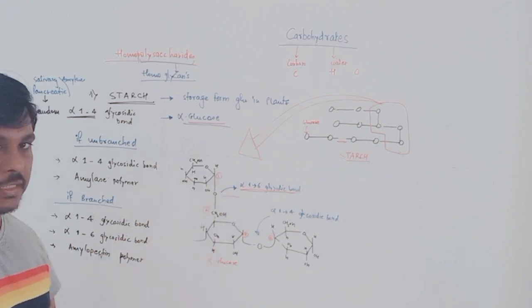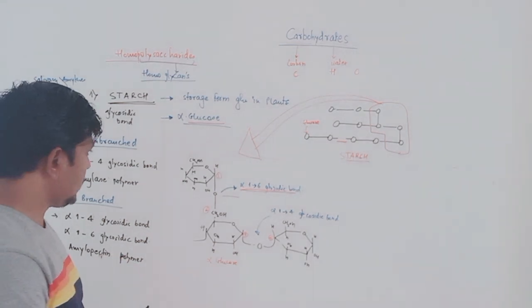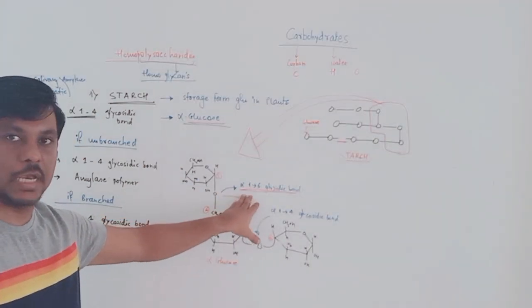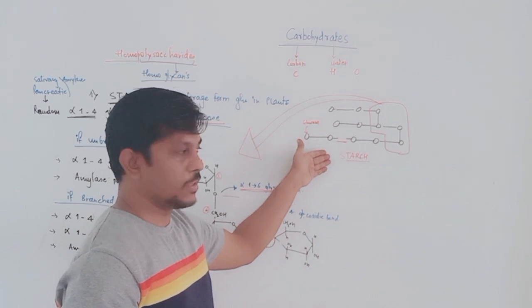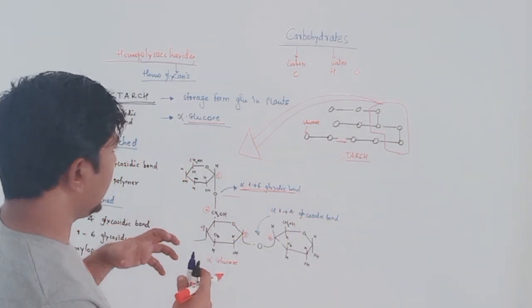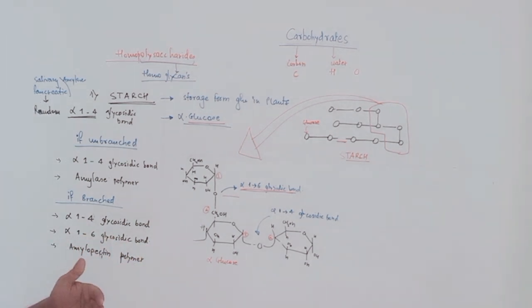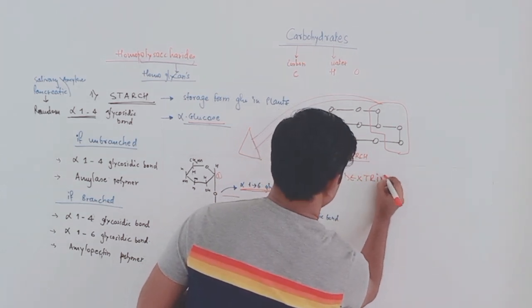Pancreatic and salivary amylase cannot break down the alpha 1,6 glycosidic bond. As a result, breaking alpha 1,4 bonds at random sites, we get long and short chains of branched and unbranched starch molecules, which are called dextrins.